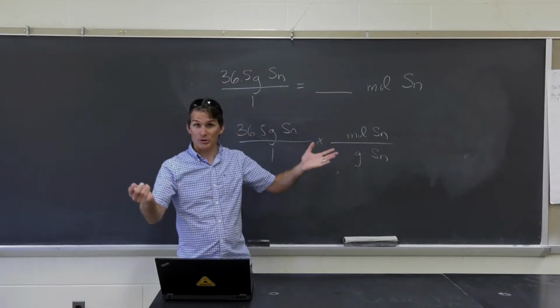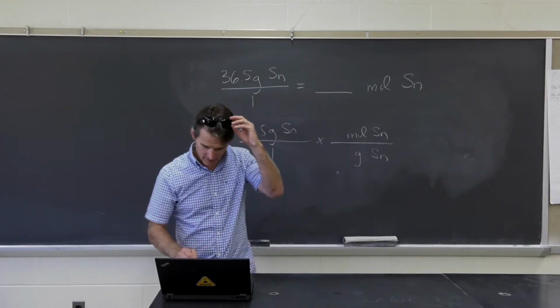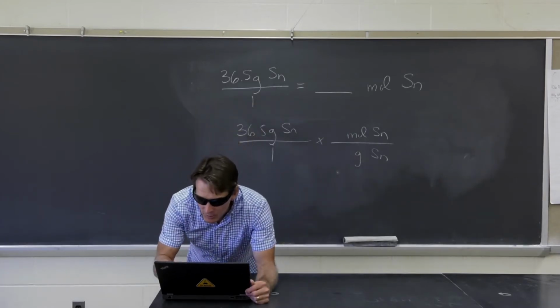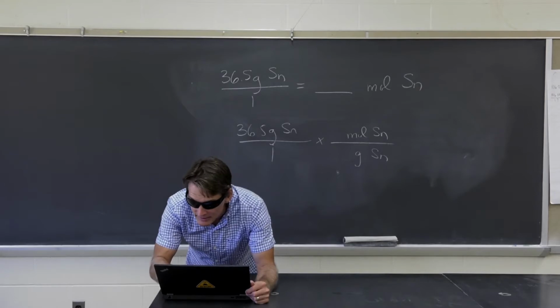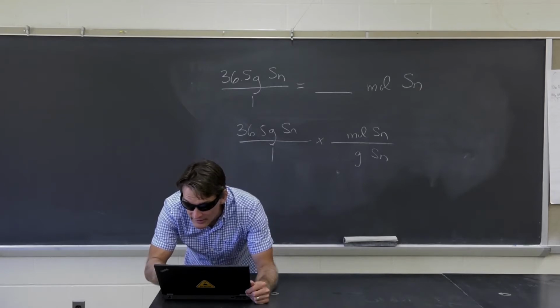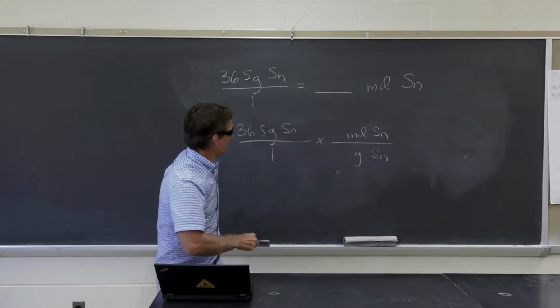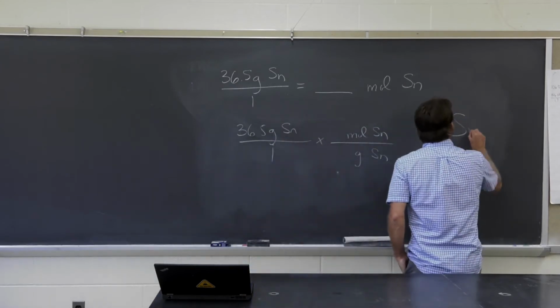The periodic table, of course. So we're going to look at element number 50 on the periodic table, which certainly is tin. I'm seeing 118.711 on the bottom.